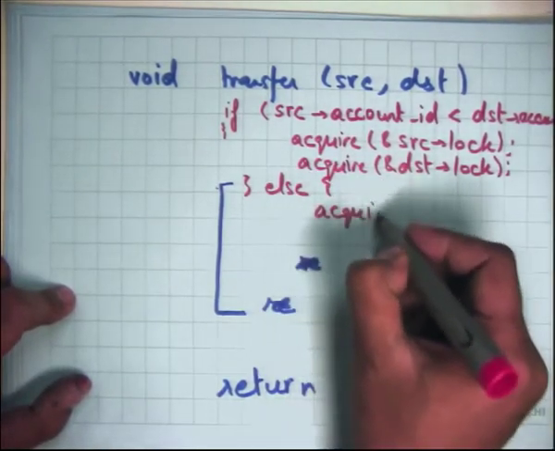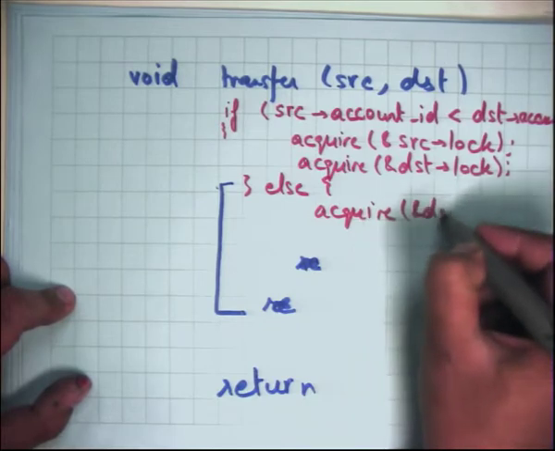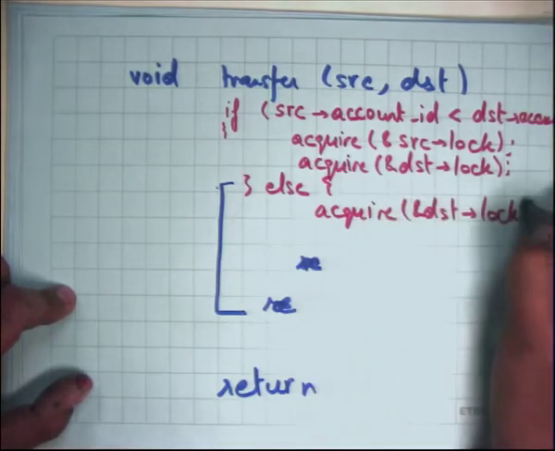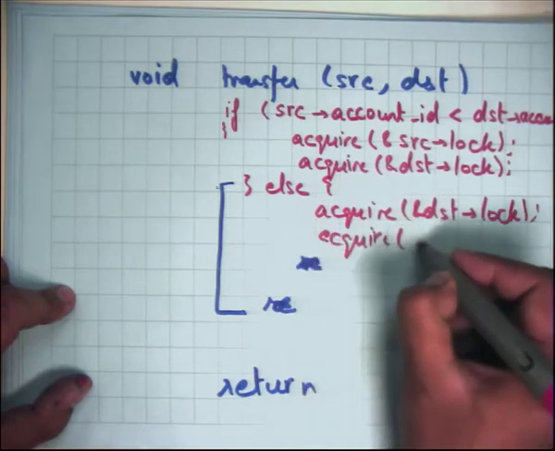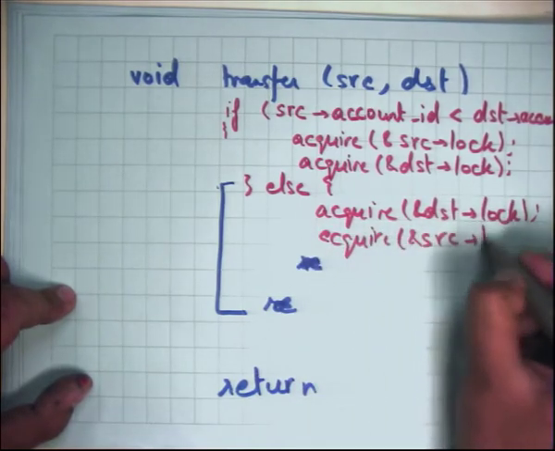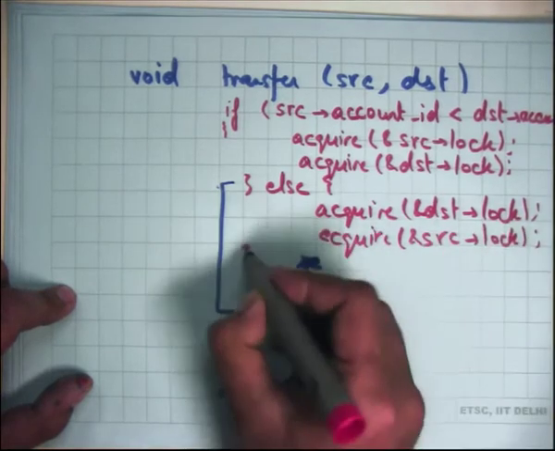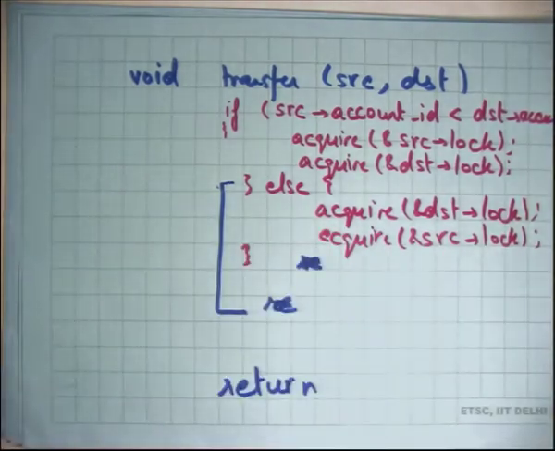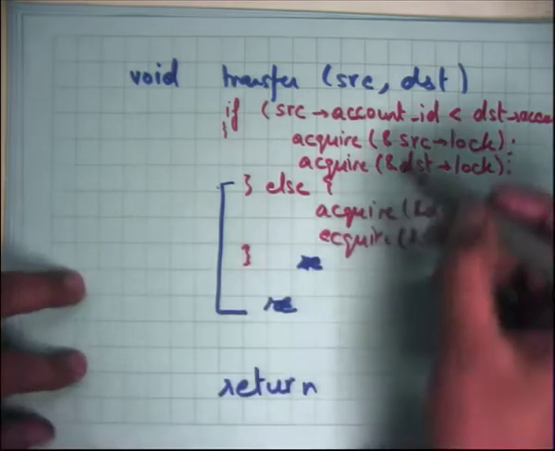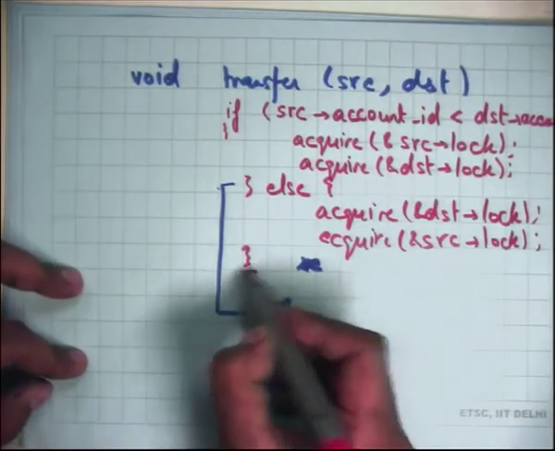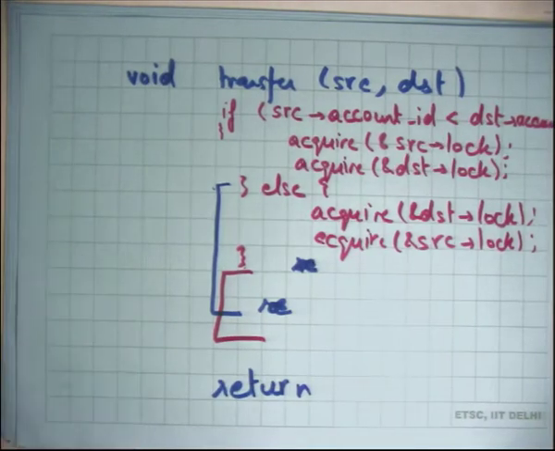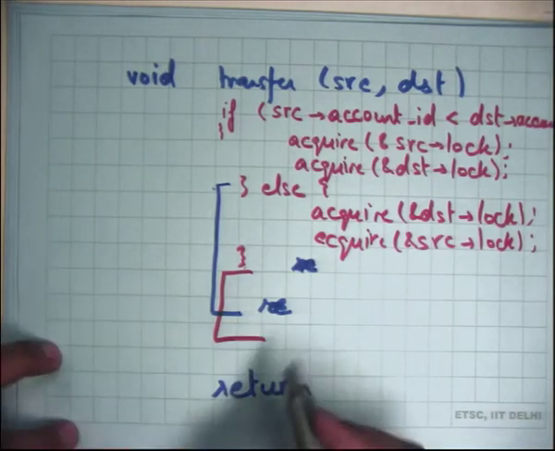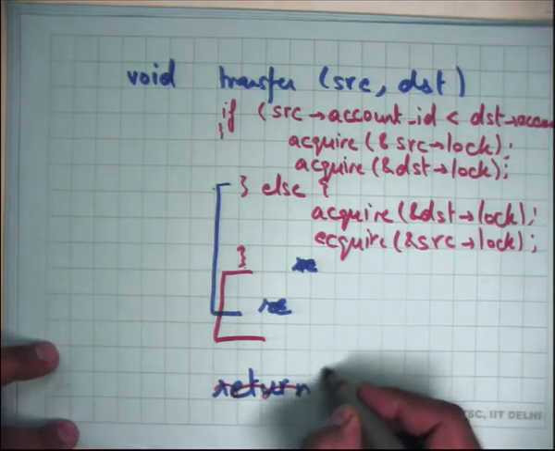Acquire destination.lock and then acquire source.lock. Okay. And then after you have both these locks, you can do whatever you like here, because these operations will be atomic with respect to each other. And then at the end of the day, you can say release.